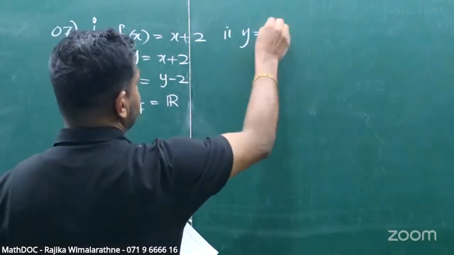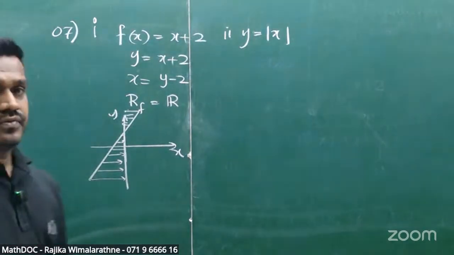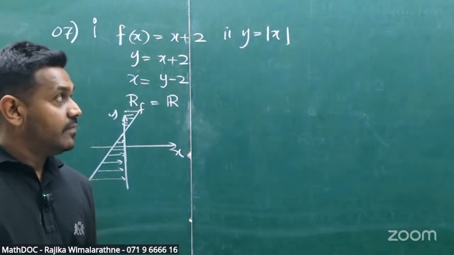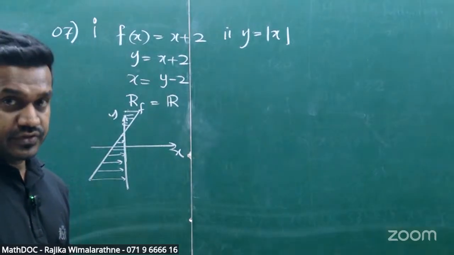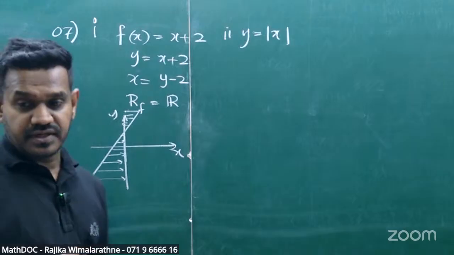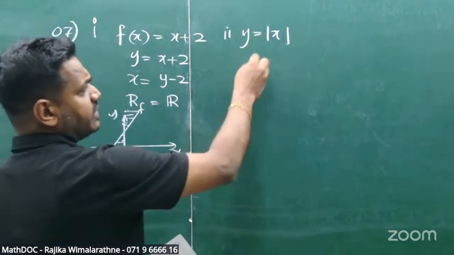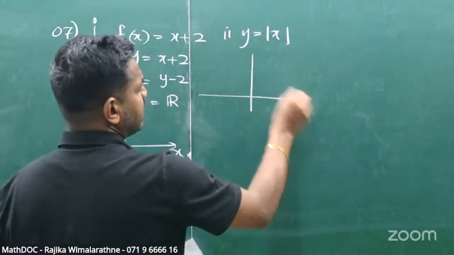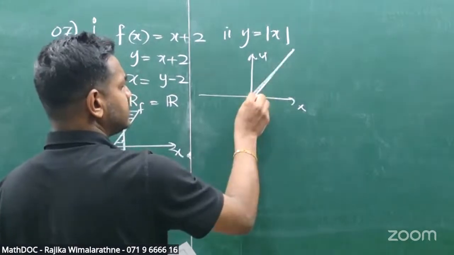Then the second one, y = |x|. Here we need to sketch the function. Range means possible y values. We know how to sketch the modulus function. Here the x-axis, y-axis. The graph looks like this V-shaped graph.